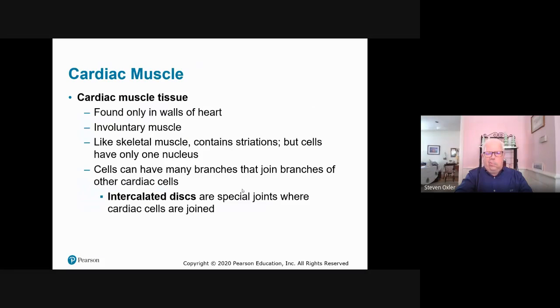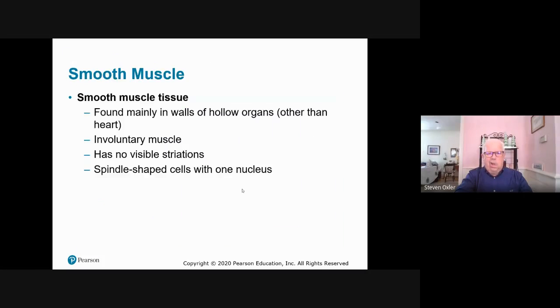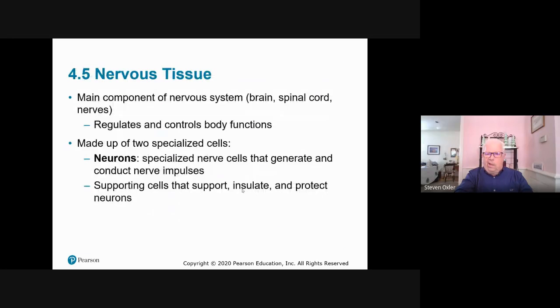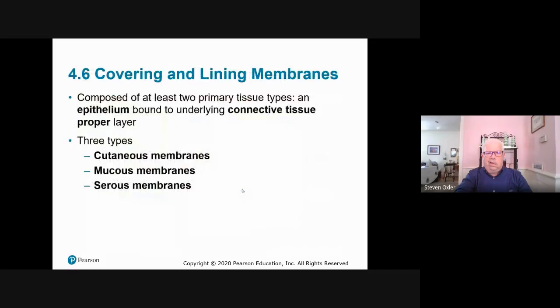So don't worry about it. Don't worry about cardiac muscle tissue. I'm going to ask you a lot more questions. Don't worry about nervous tissue. We'll talk more about nervous tissue when we talk about the brain and the spinal cord and all the other nerves. All right? But you should know about membranes.